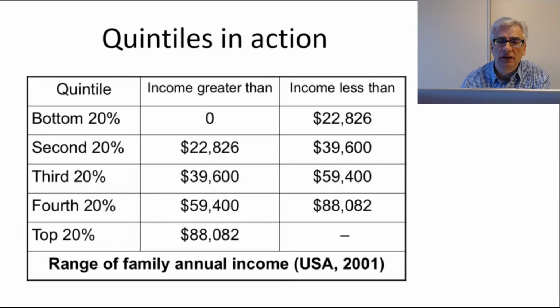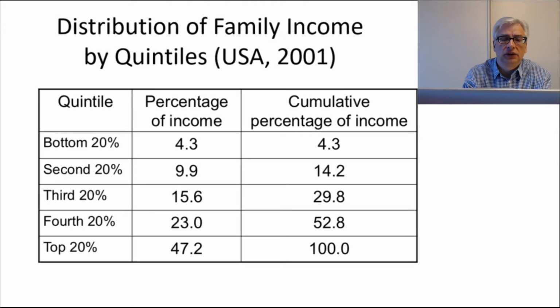We can also have a look at the distribution of family income in a relative way of thinking. Meaning, we can have a look at what part of the total income in the economy is represented by each quintile of people. Those who are relatively poor, like the bottom 20%, represent a small fraction of the total income in the economy.